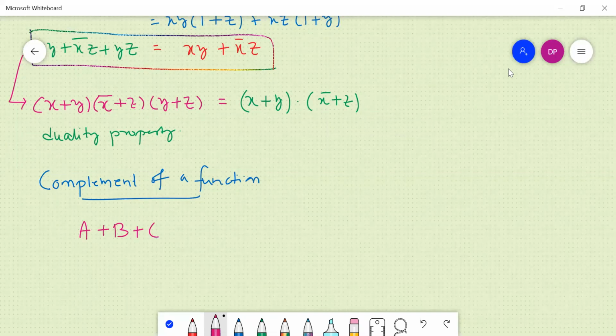I would like to find out complement of this function, De Morgan's law, right? So what we can write? I would like to find out answer for this. So I will take some assumption here.